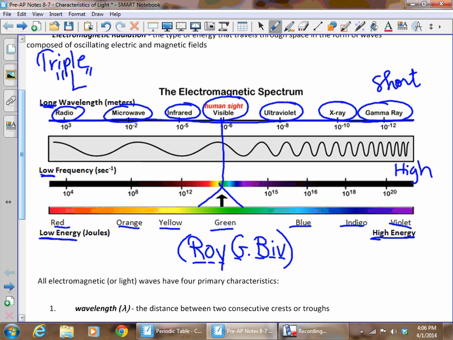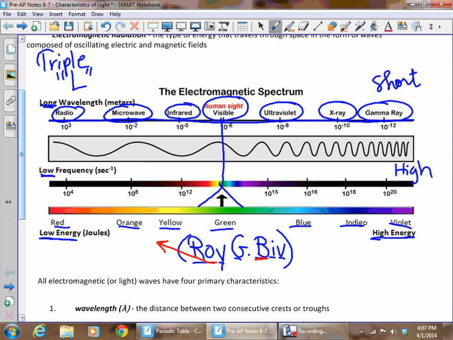If I were to ask you, for instance, which color has the lower frequency, orange light or blue light, we would find orange and blue on the spectrum. Since orange is closer to the left-hand low frequency side, that would have the lowest frequency.